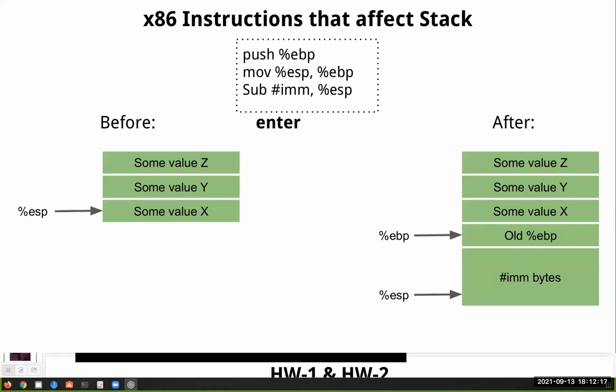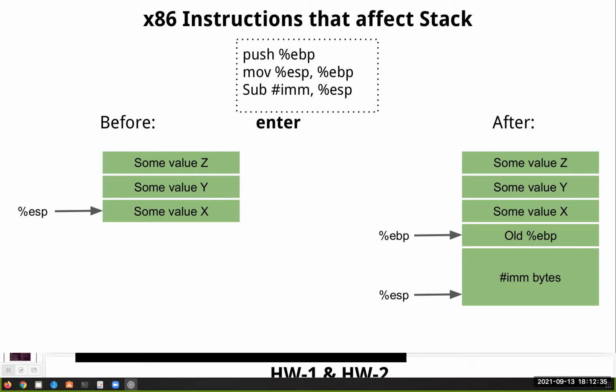That's why later Intel just decided, let's create a new instruction, enter, which is equivalent to those. Right? So the first instruction is push EBP. Second one is move ESP to EBP.